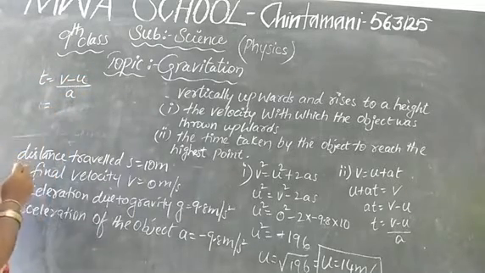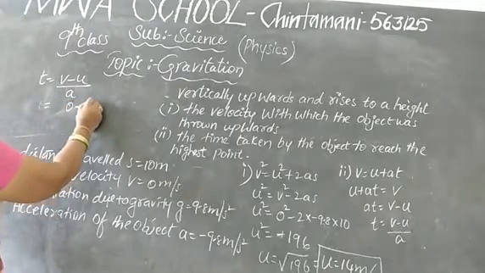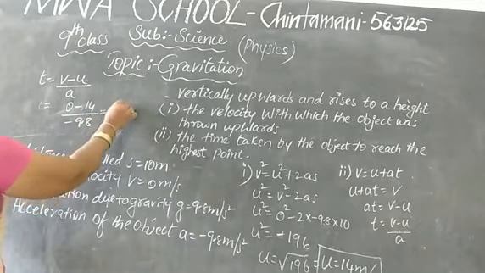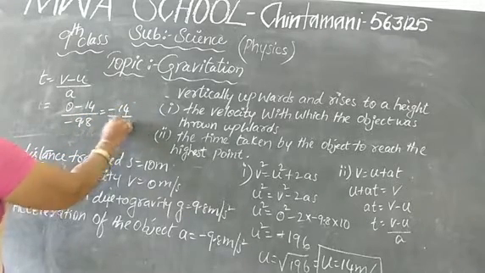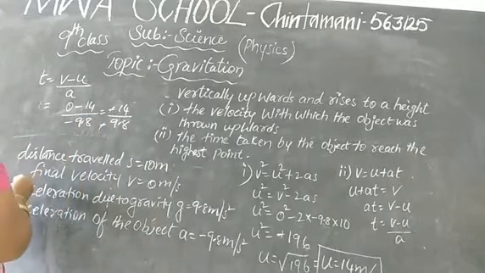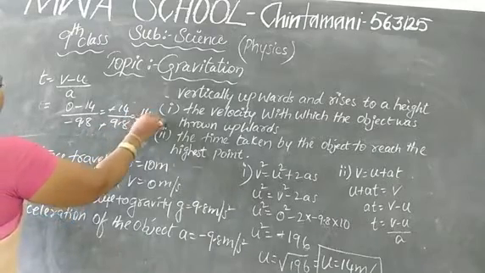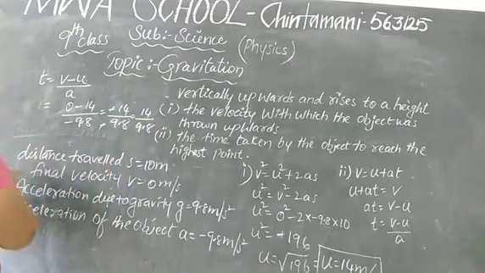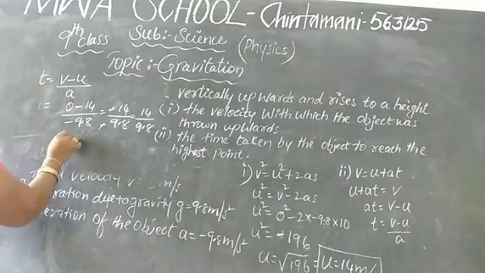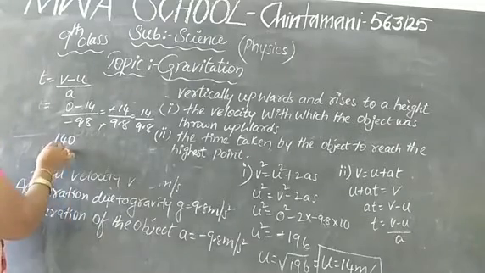What is the value of V? 0 minus 14 by minus 9.8. So minus 14 by 9.8, the minus will get cancelled, so we'll get 14 by 9.8. To remove the decimal, I can multiply and divide with 10.